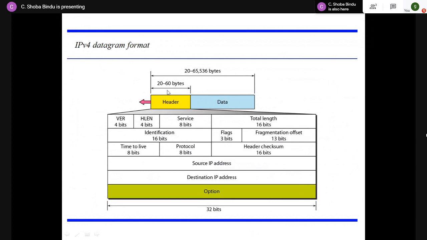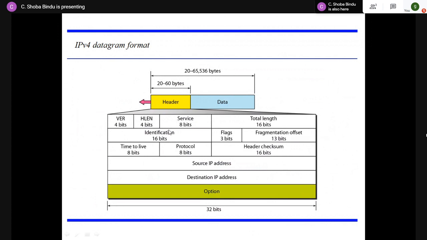So when you have divided this particular datagram into several fragments, all the fragments carry the same ID value, so that at the destination, when you want to group all these fragments together, they will be grouped based on this identification number only. So this identification specifies that all these fragments belong to a particular datagram.